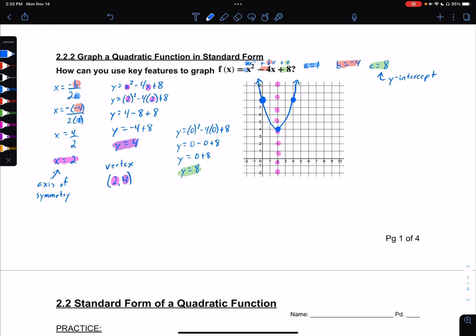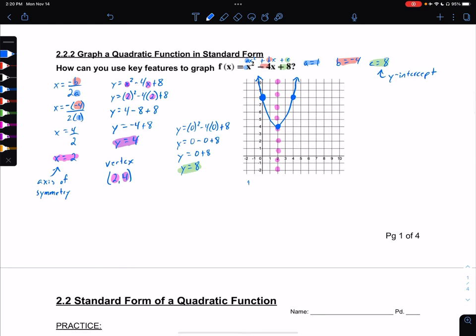So let's go through the steps. Step 1, you're going to define a, b, and c. Step 2, you'll solve for x using your equation x equals negative b over 2a.